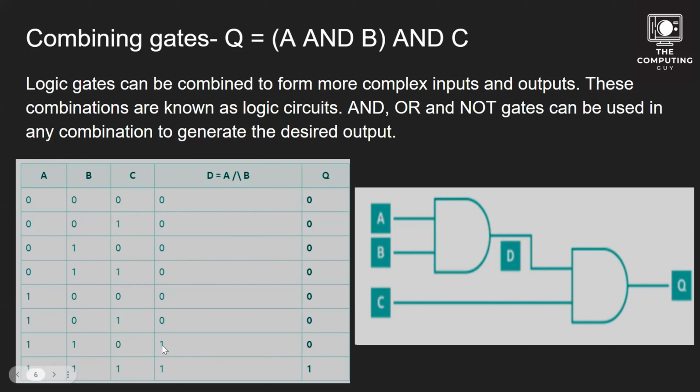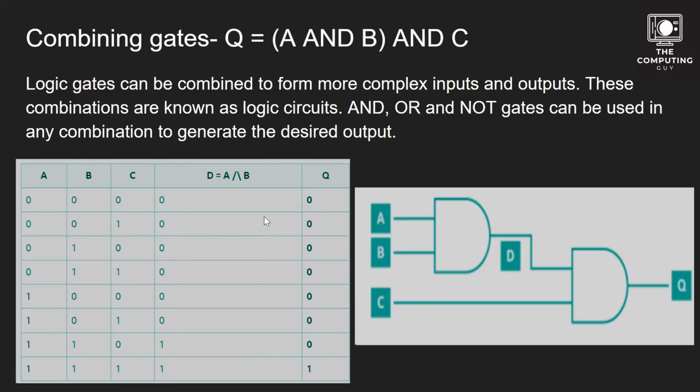So we can fill those ones in, and then the rest will get zeros. Then Q is only ever going to be true when we have D and C. So we don't really need to look at A and B anymore. All we need to look at is these two columns. When do we have D and C? Only here at the bottom when we've got both inputs, which will result in Q being on.